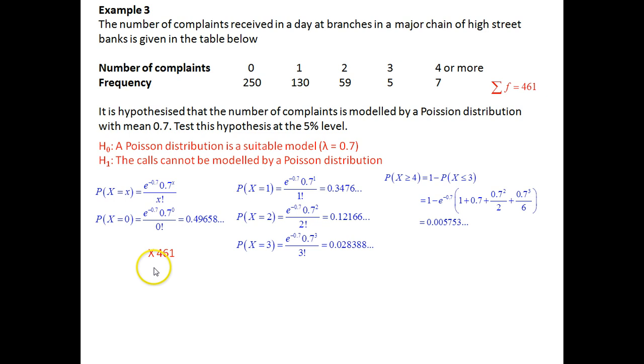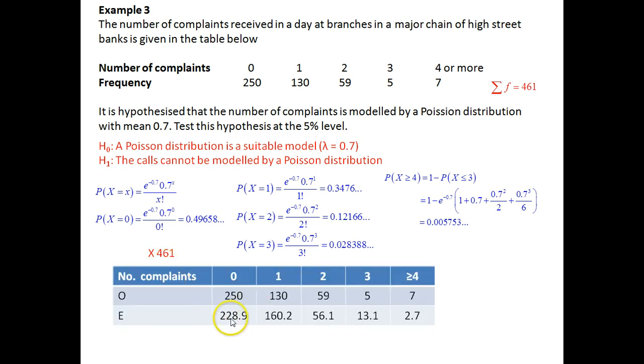So multiply each of our probabilities by 461 and I get 228.9 for x is 0, 160.2 for x is 1, 56.1 for x is 2, x is 3, I've got that value, x is 4 or more.